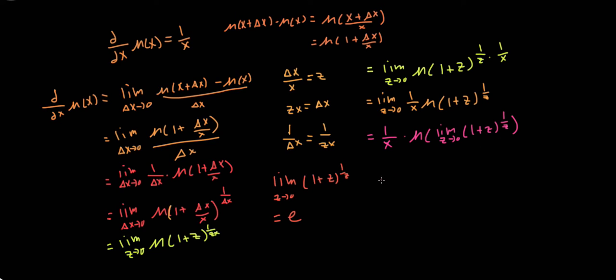So we have 1 over x times the natural log of, well, just e. And the natural log of e is just 1. So now we're going to have 1 over x times 1, which is the same thing as 1 over x. Boom, we just proved the derivative of the natural log of x.